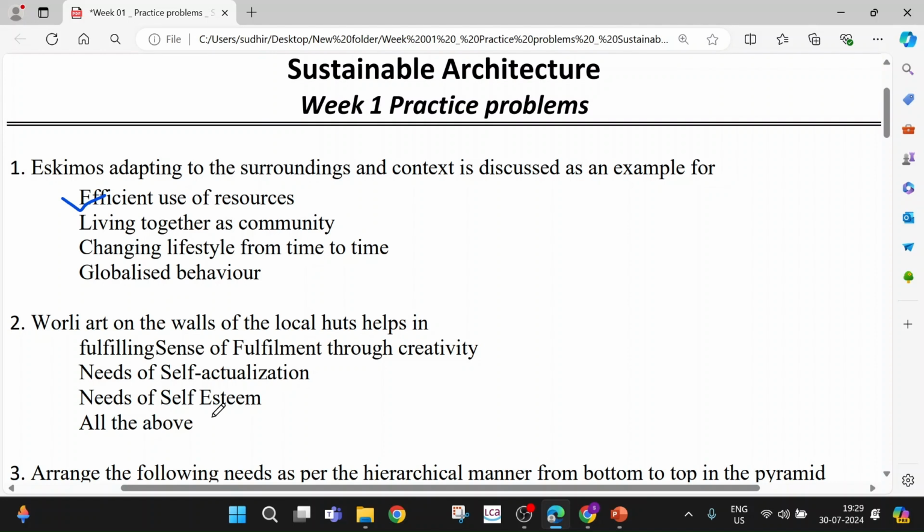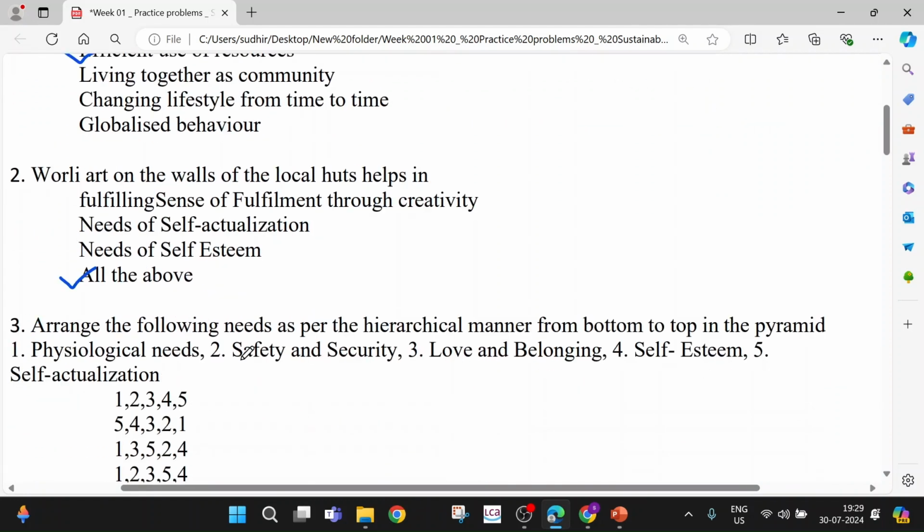Can we move? Yes. Okay. Then here is question number 3 for all of you. Try to choose one answer out of these 4 options. This question's answer will be given based on the understanding of Maslow's hierarchy.